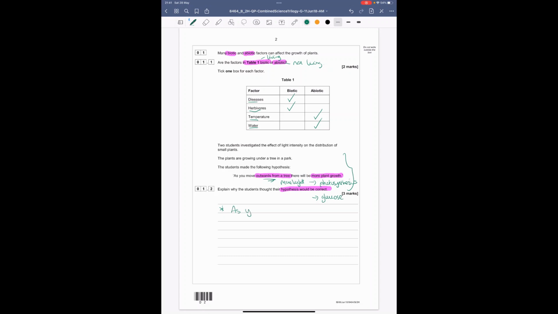As you move out from the plant or tree, there will be more light. More light means more photosynthesis.